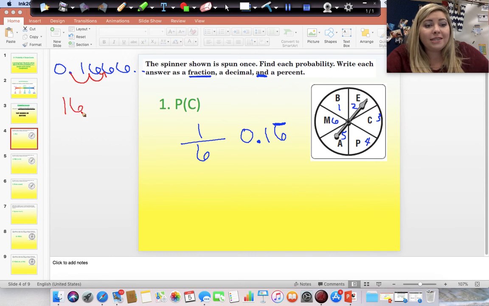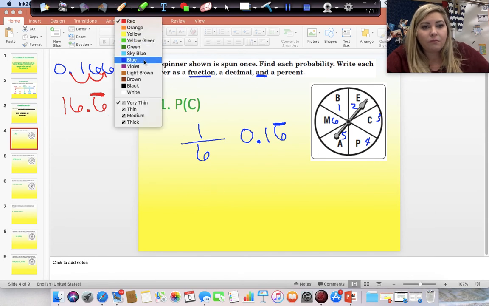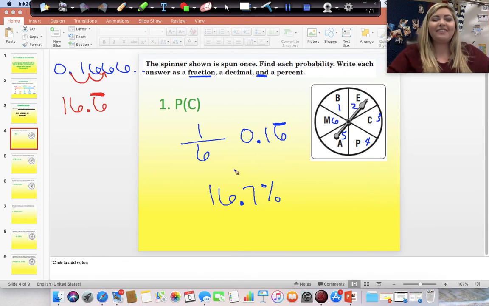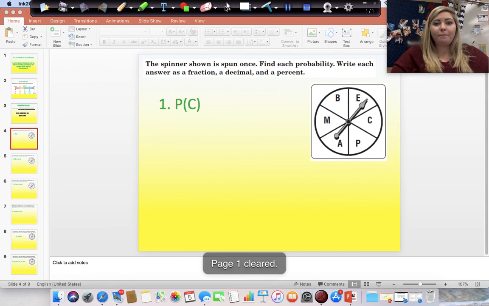So it's going to be 16.6%, but this is a repeating decimal. So I would actually round this to the tenths place and make it 16.7%. So you've got 1/6, 0.16 repeating decimal, and then 16.7%. Those are the 3 answers for this problem.